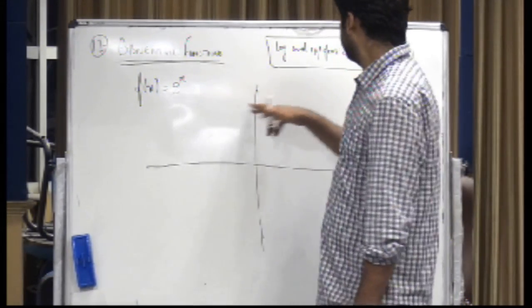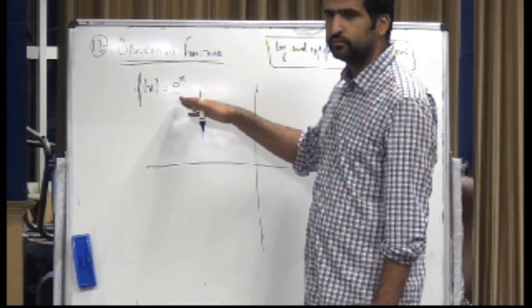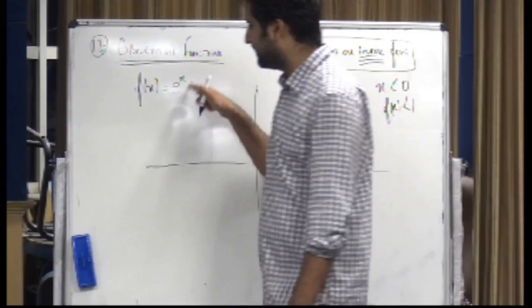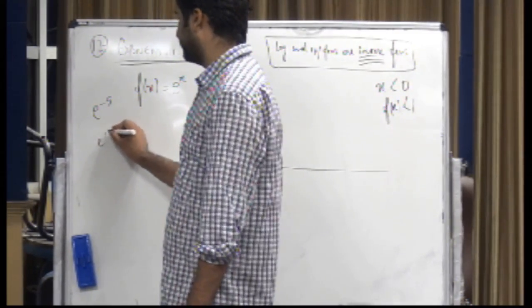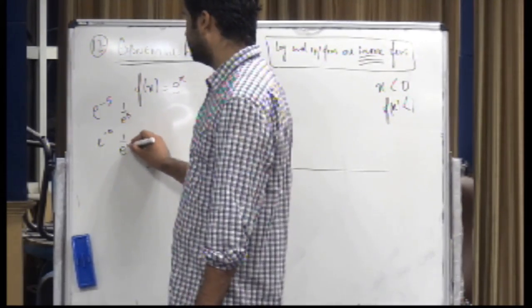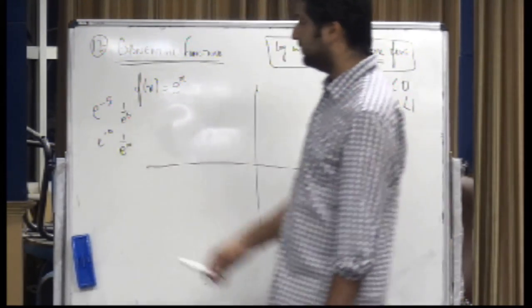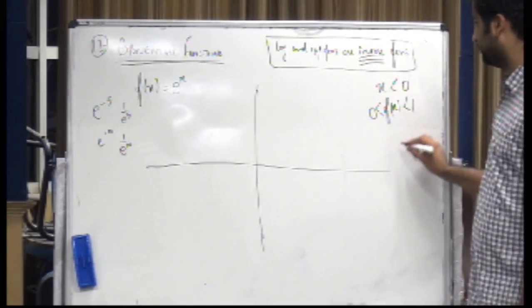And also for x less than 0, I will get negative values of x. I will get something like e to the power minus 5 or e to the power minus 10, which is 1 upon e to the power 5, 1 upon e to the power 10, which are less than 1, but they will be greater than 0, positive.